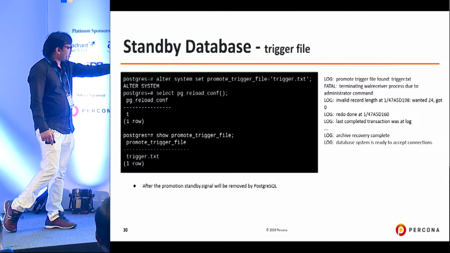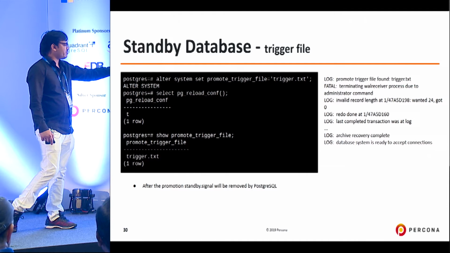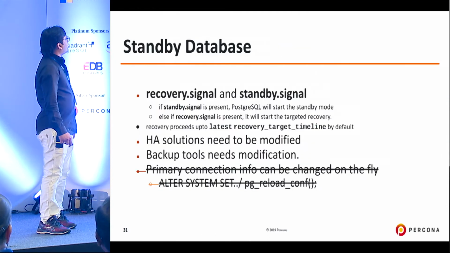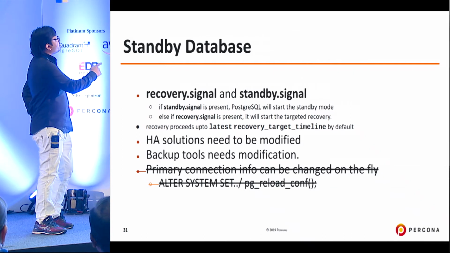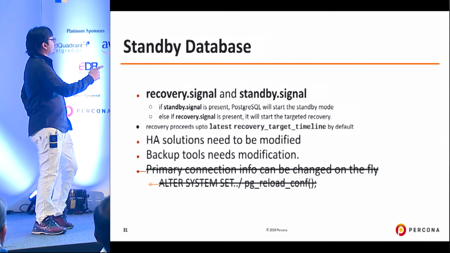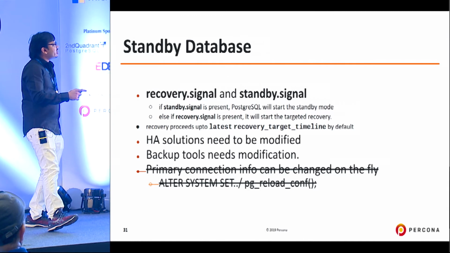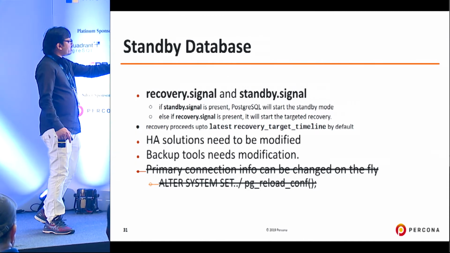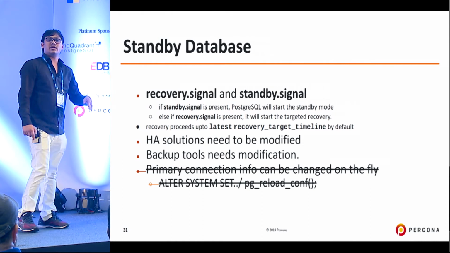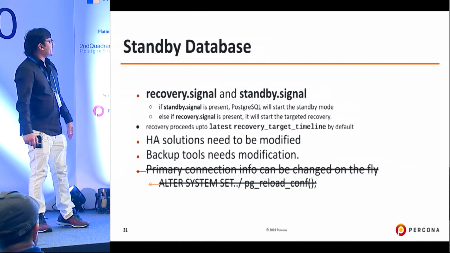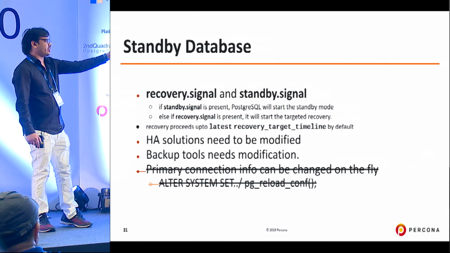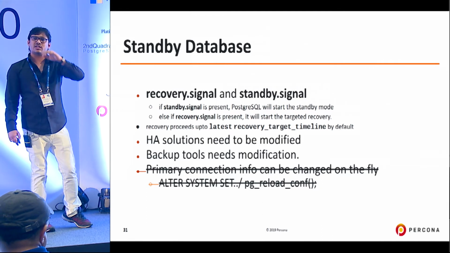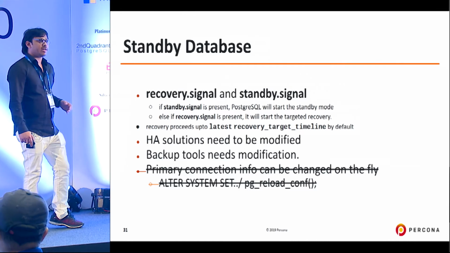That parameter is promote_trigger_file, which can be set as part of the postgresql.conf file. So there are two signal files, recovery.signal and standby.signal. If standby.signal is present, it means the database is in standby mode. And if recovery.signal is present, it will start the targeted recovery, and of course takes up parameters like recovery_target_timeline, until what time you want to recover, the latest, or until a certain point in time if you want to do a point in time recovery.